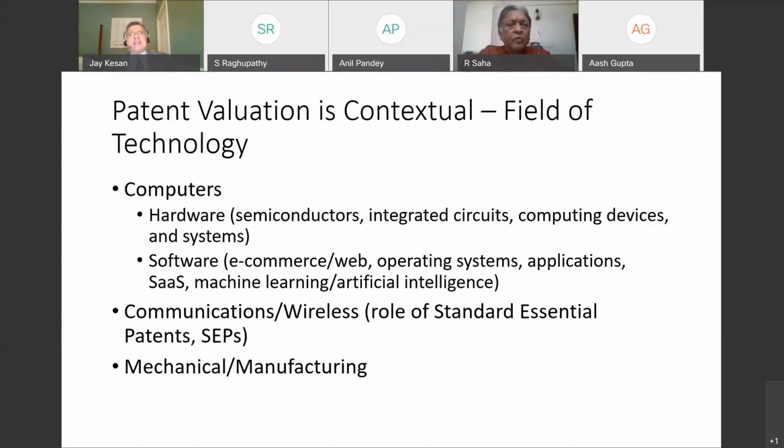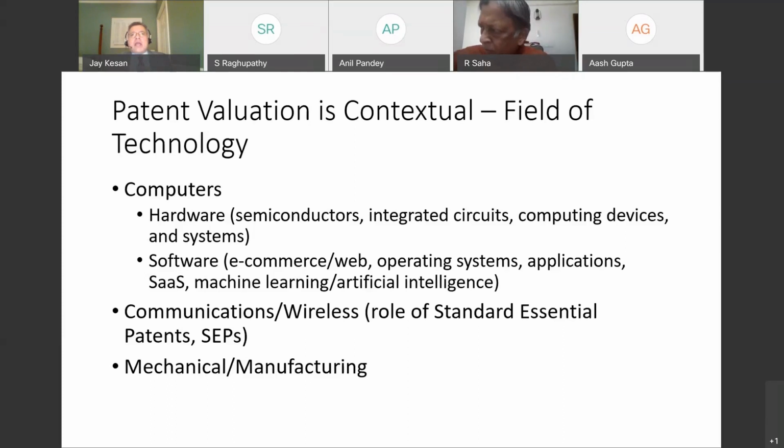We can have the entire field of computers, communications, and so on on one side, the IT side, and the other side is the life science, biotechnical, pharmaceutical applications.